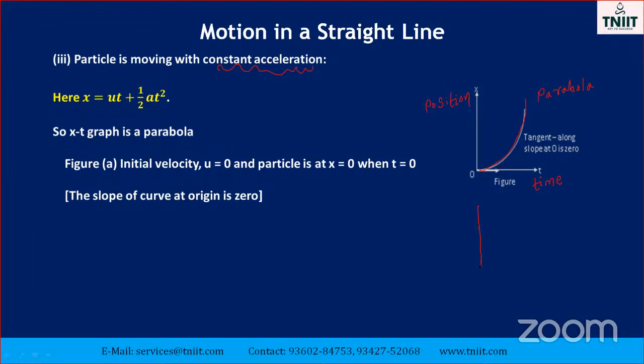If the constant acceleration is there, can you tell me how the velocity time graph would be? This is velocity and this is time. So for the uniform constant acceleration, velocity should cover equal velocity in equal intervals of time.